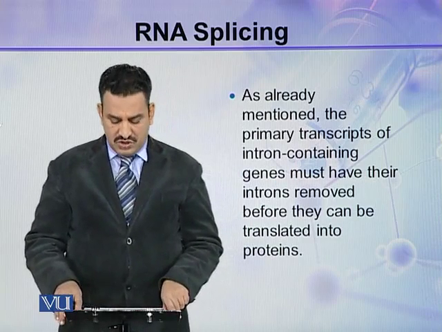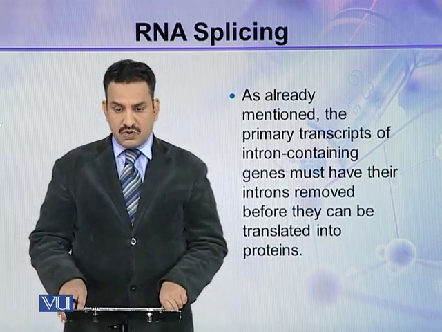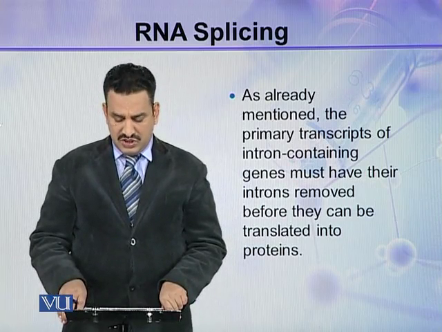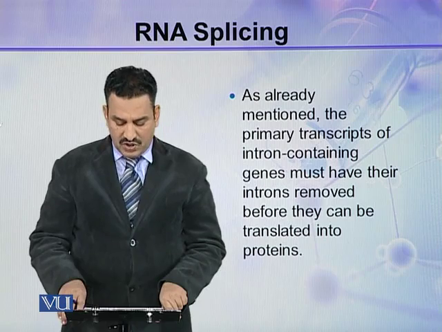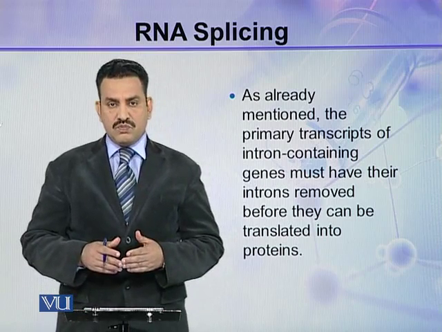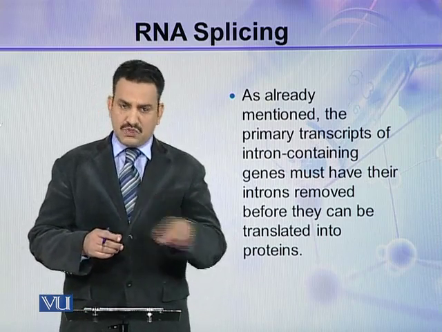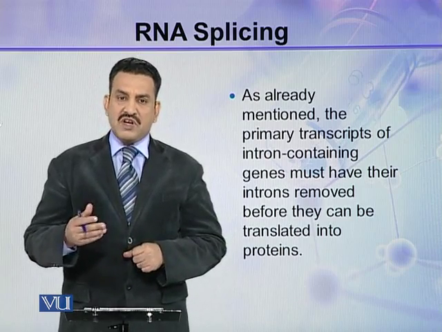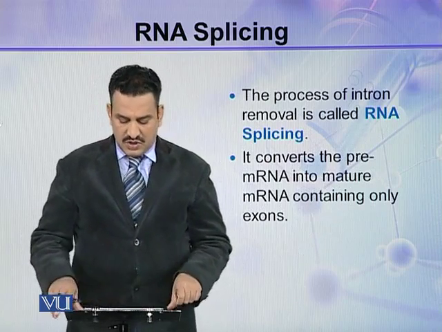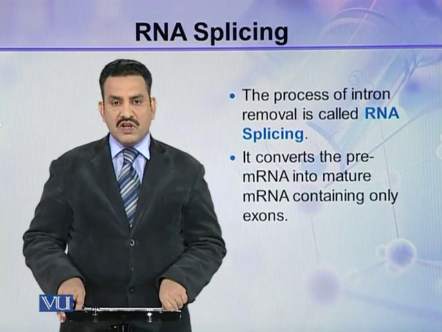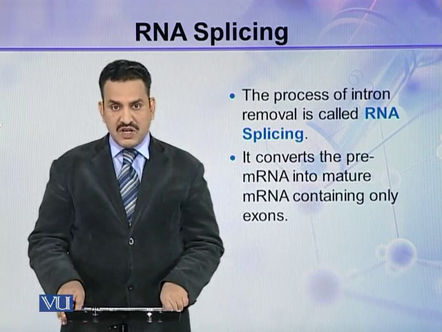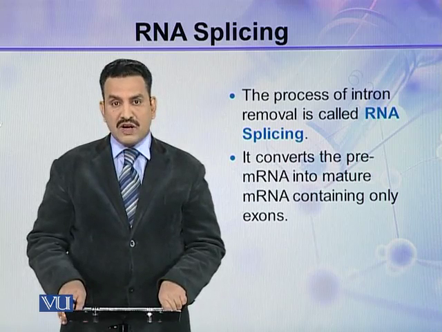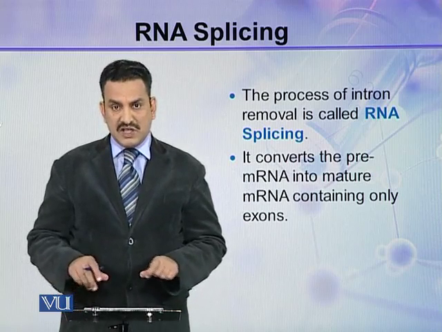As already mentioned, the primary transcripts of intron-containing genes must have their introns removed before they can be translated into proteins. The process of intron removal is called RNA splicing. It converts the pre-mRNA into mature mRNA that only contains exons.